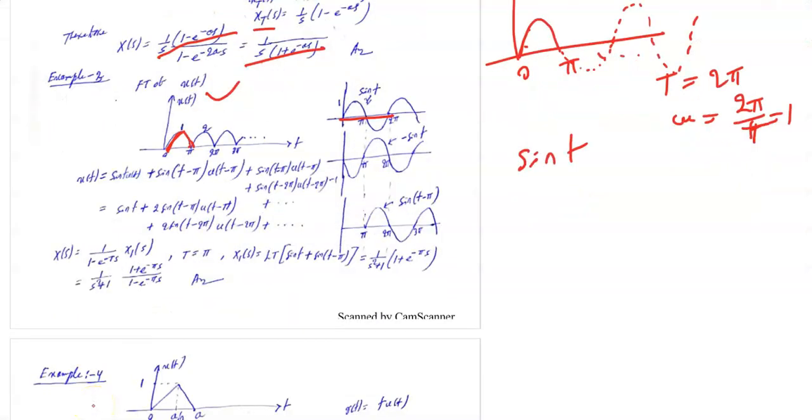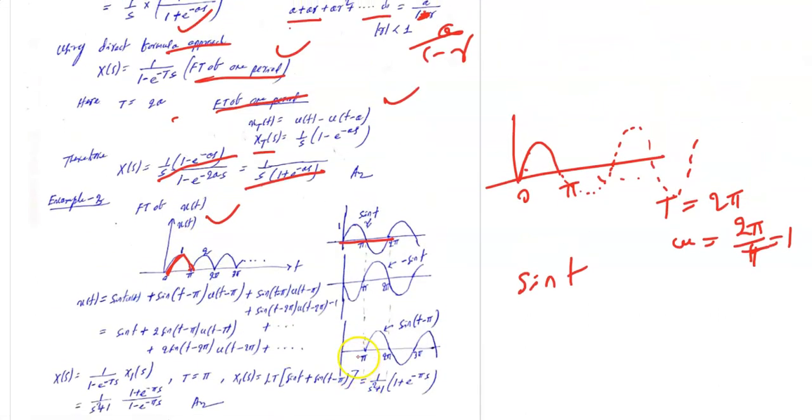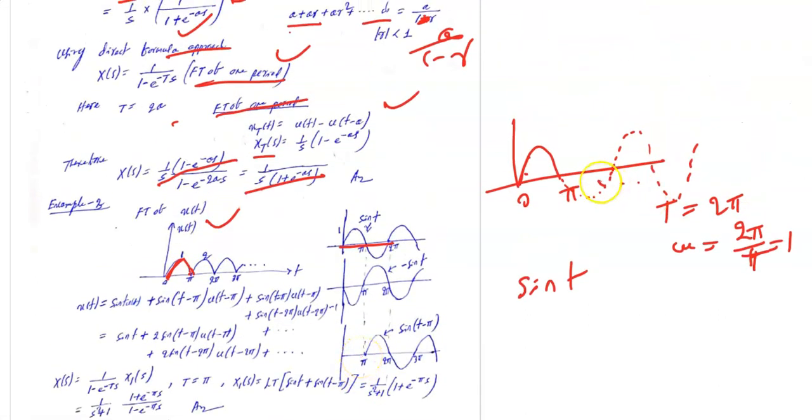So I'll add another shifted version of the sine, so all these terms are cancelled and I will have only one pulse.